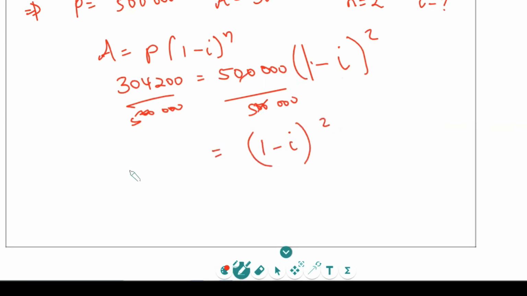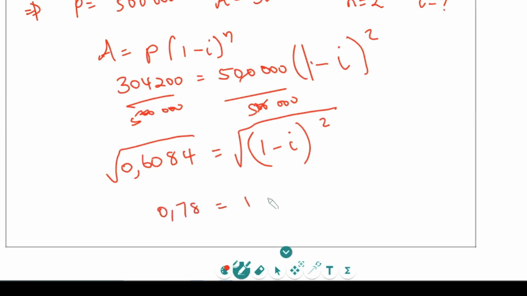This is going to give me 0.6084 and so on. Then I can take square roots on both sides. So the square root of 0.6084 gives me 0.78 is equal to 1 minus I. I'll move the one that side, so minus 1.